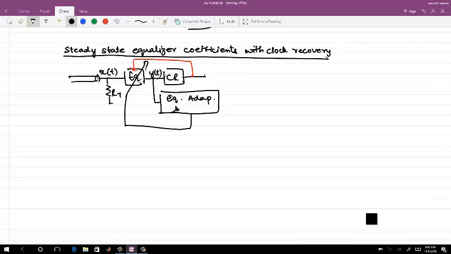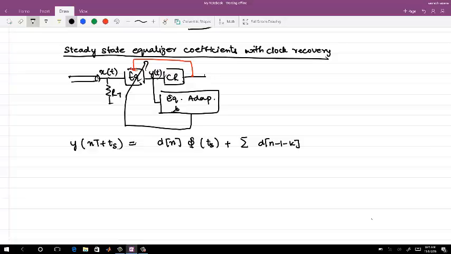So y at sampling point nT plus Ts will be equal to d[n] times phi(Ts), and then it will have all the other coefficients, which are d[n-1-k] times phi(Ts plus kT), and k goes from 0 to all.